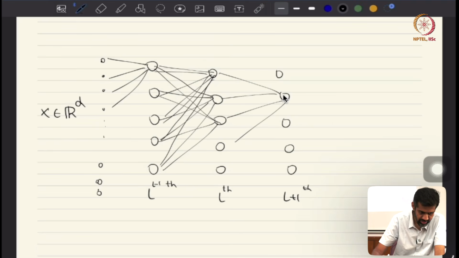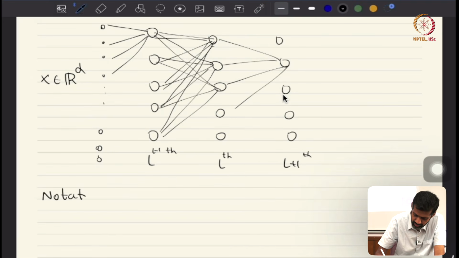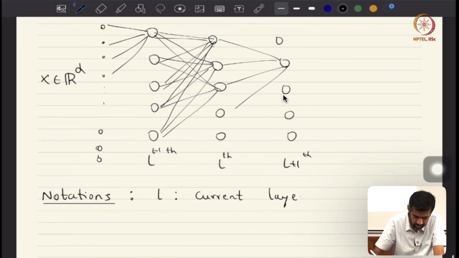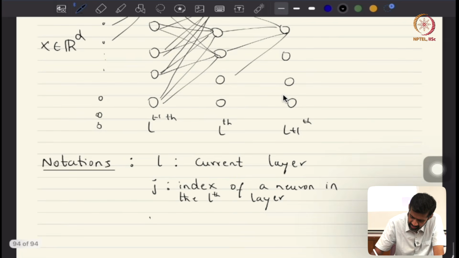So, now this is how it is. Let me write down the notations. So, L is the current layer, J is the index of a neuron in the Lth layer, and K is the index of a neuron in the L minus first layer.